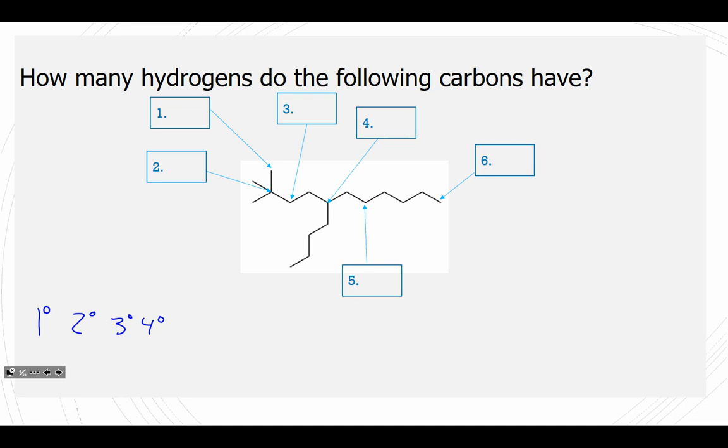So in the box, tell me how many hydrogens are attached, and then outside the box next to it, put me what kind of carbon it is. Primary, secondary, tertiary.